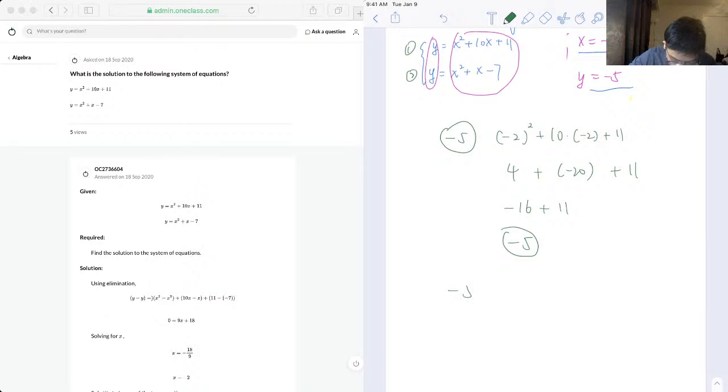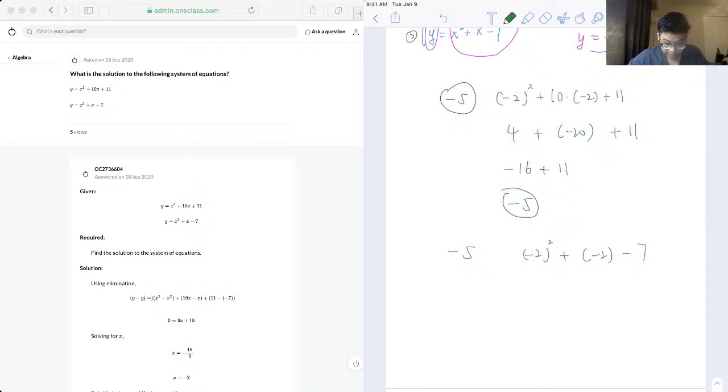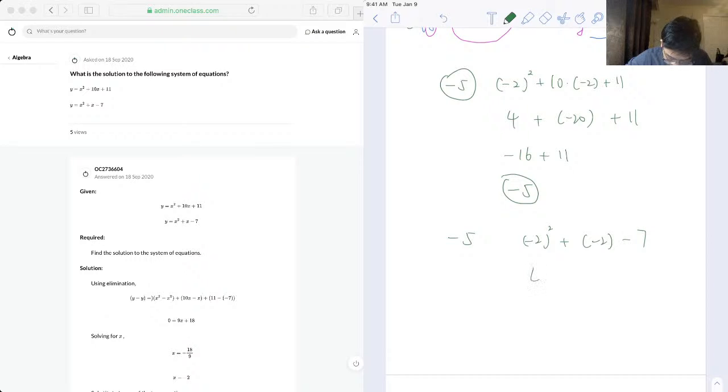Negative 5 is equal to negative 2 squared plus negative 2 minus 7. After calculating that, we have 4 minus 2 minus 7, which gives us negative 5 on the right-hand side as well. And on the left-hand side, we still have negative 5.